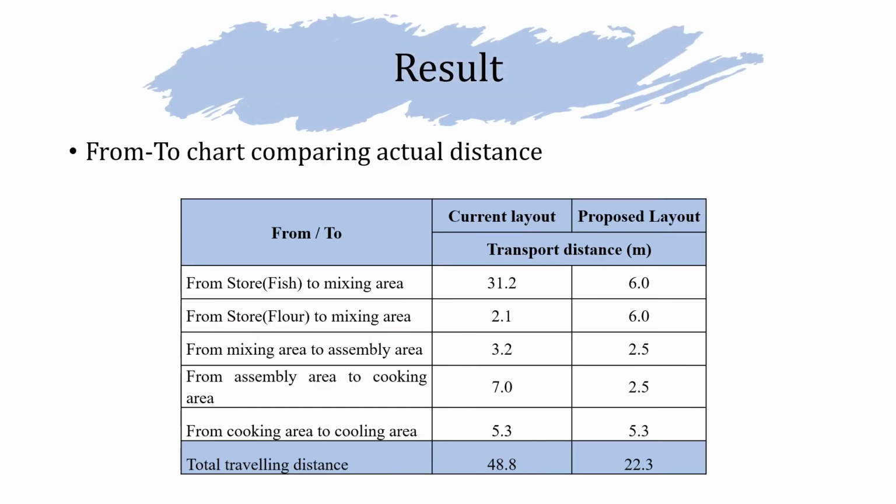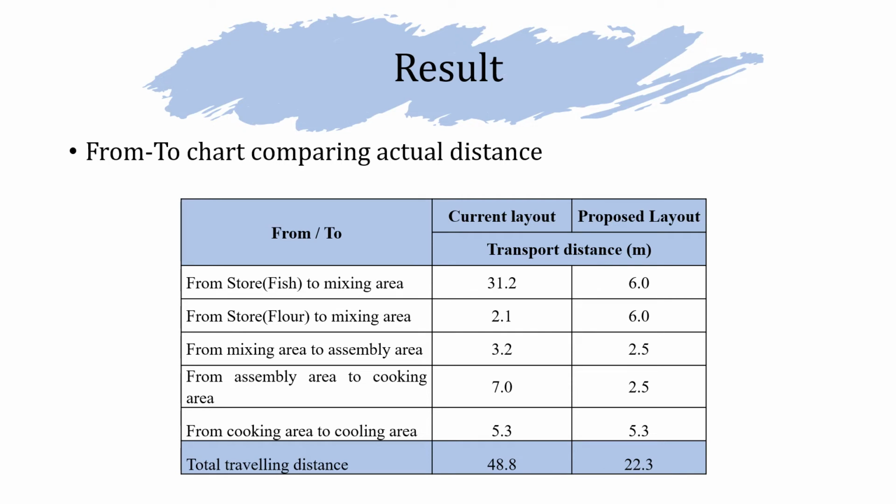I use a from-to chart to compare current distance and proposed new layout. As we can see, from the fish storage area to the mixing area, the current distance is 31.2 meters compared to the proposed layout of 6.0 meters. From the flour storage to mixing area, the current distance is 2.1 meters compared to the proposed layout of 6.0 meters. Next, from mixing area to assembly area, it takes 3.2 meters for the current layout and 2.5 meters for the proposed layout.